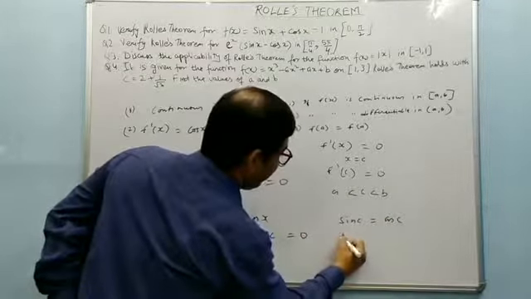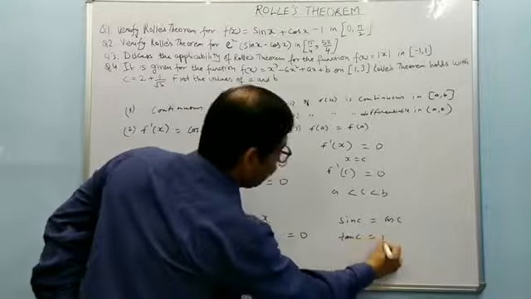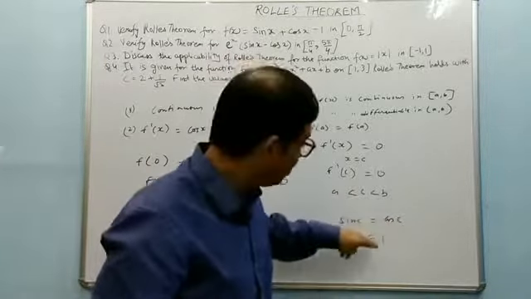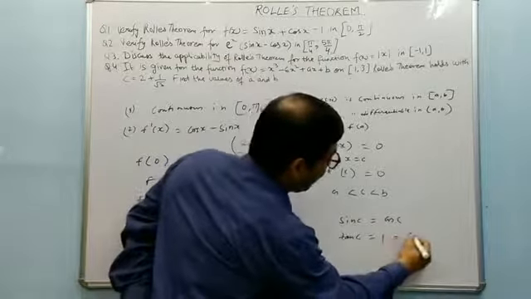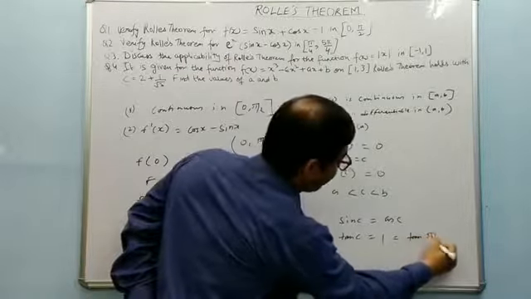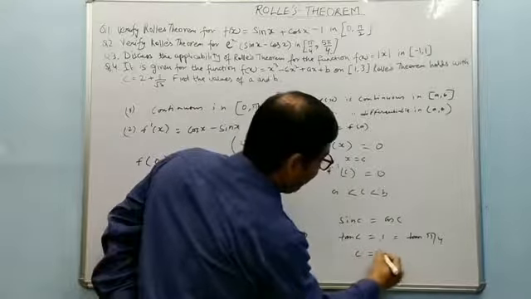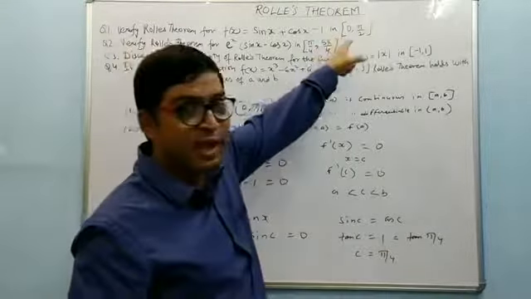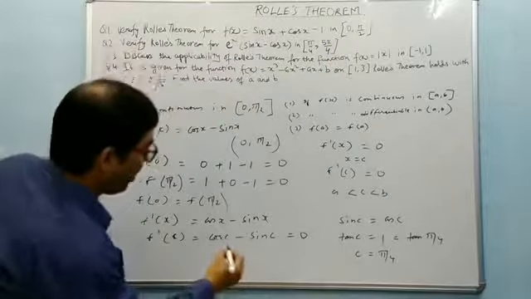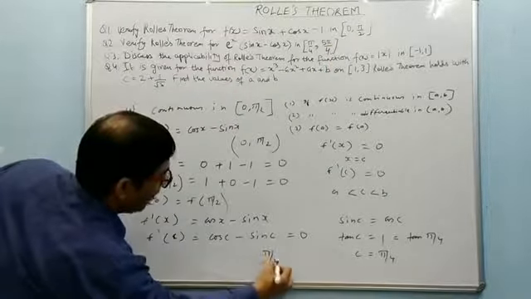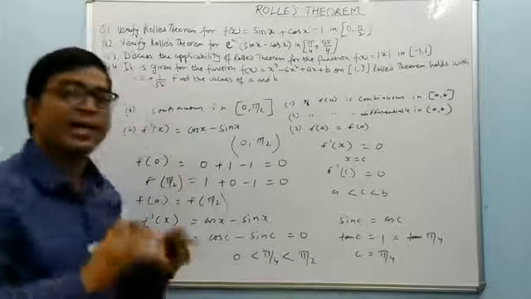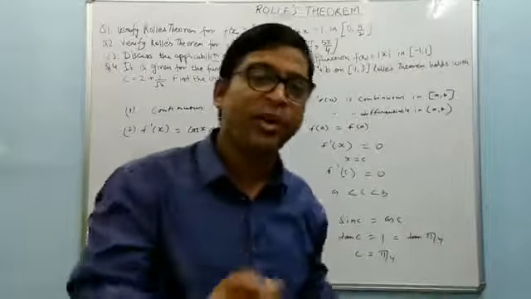We can just write tan c is equal to 1. Why? Because I divided both sides by cos c here, so it is 1. And tan is 1 at 45 degrees. So c is pi by 4. Definitely you see that pi by 4 is lying between 0 and pi by 2. So this pi by 4 is between 0 and pi by 2. So we can say Rolle's theorem is verified.